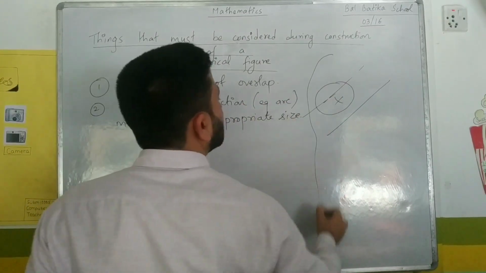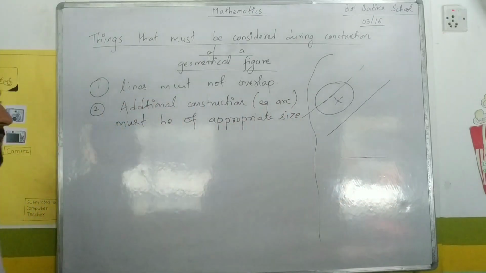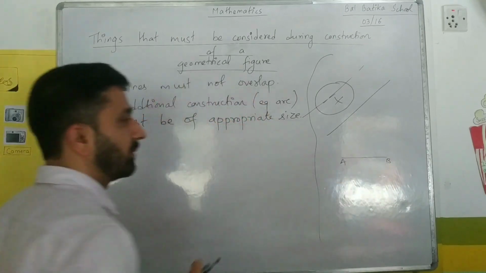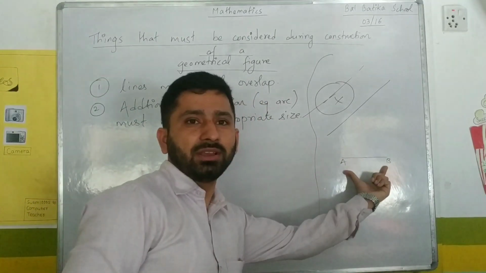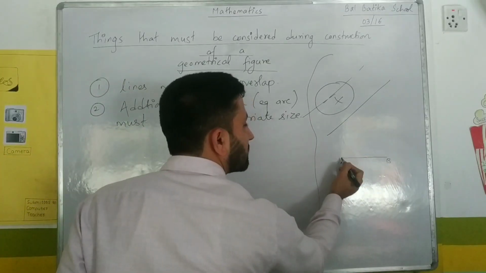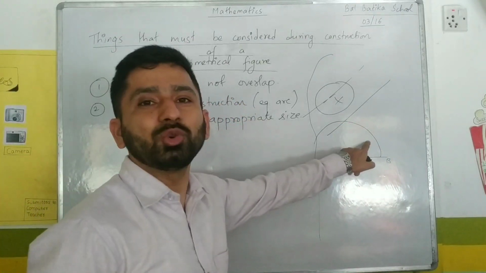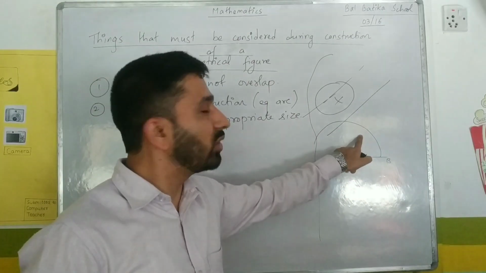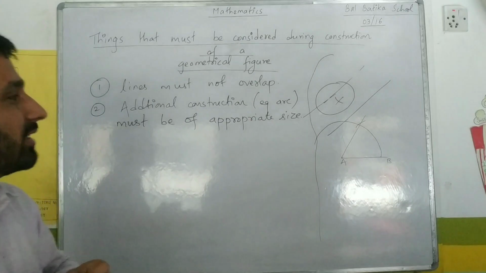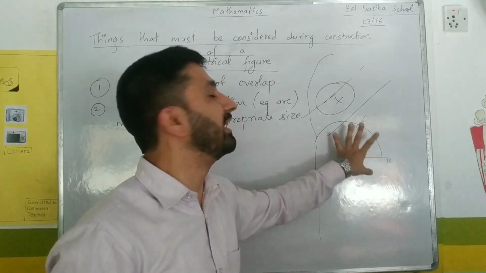Okay, now giving an example, let me make you clear. Suppose my base is AB and I have drawn a length of this much. Now if I have to construct an angle of 60 degrees, I am going to keep the compass over here and construct 60 degrees over here. Look, the arc is too big for the figure. Though this is a correct 60 degrees, the arc is somehow not making the construction clean.